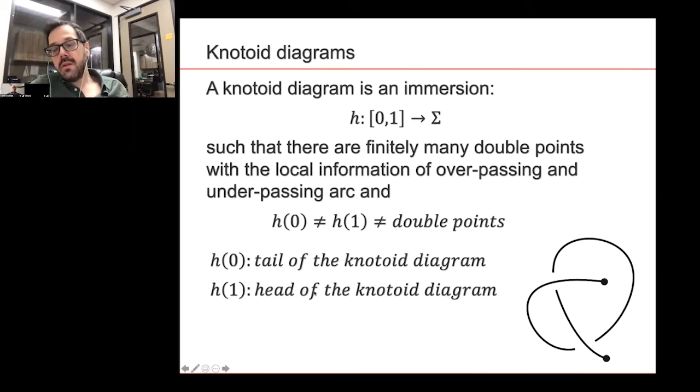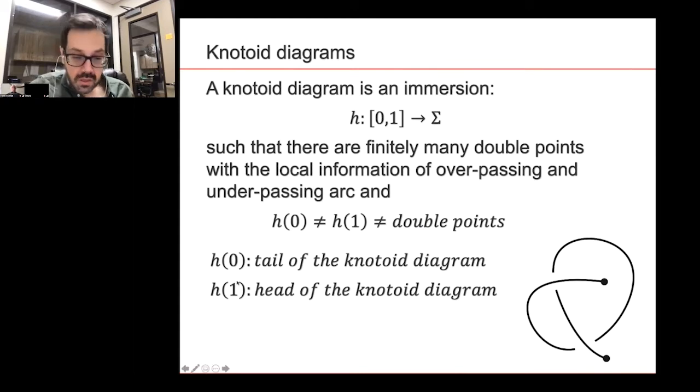I didn't say that Turaev is the first who introduced all of this machinery. It's not us, we just apply it to proteins, just to be clear. What else I want to say is that we want to remember that Knotoids have a natural orientation from tail to head.